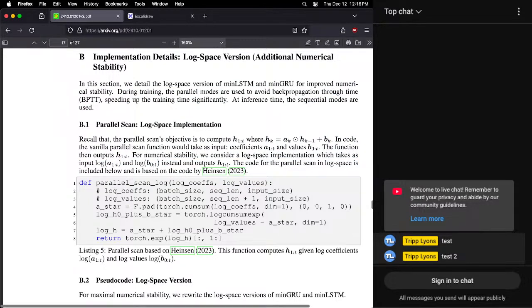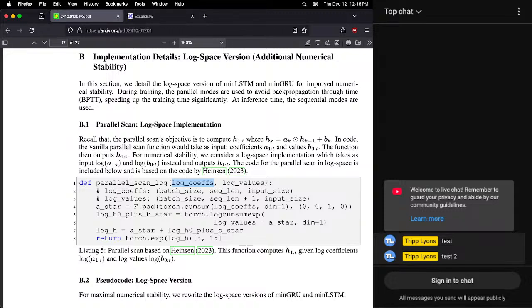It's like they compute it in log space. I guess yeah, the coefficients should be tracked in log space, because they range from 0 to 1, so you can take the log of them.